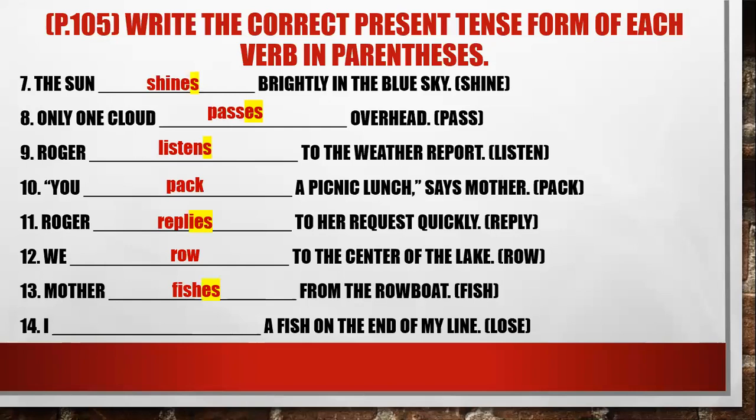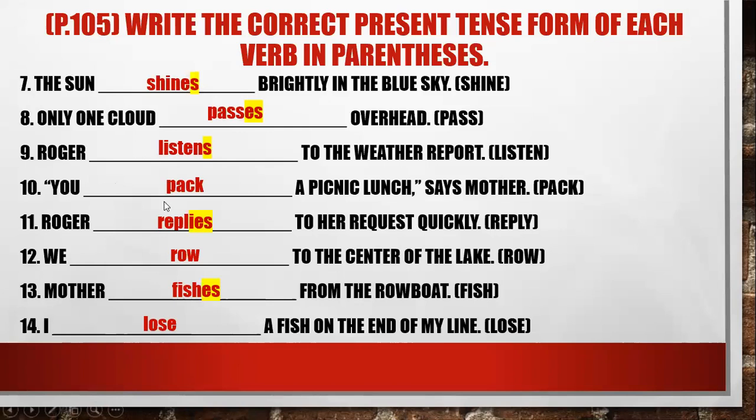So it would be I loose a fish on the end of my line. Because I is an exception, the verb is going to stay in its base form. Okay? Are you guys with me so far?